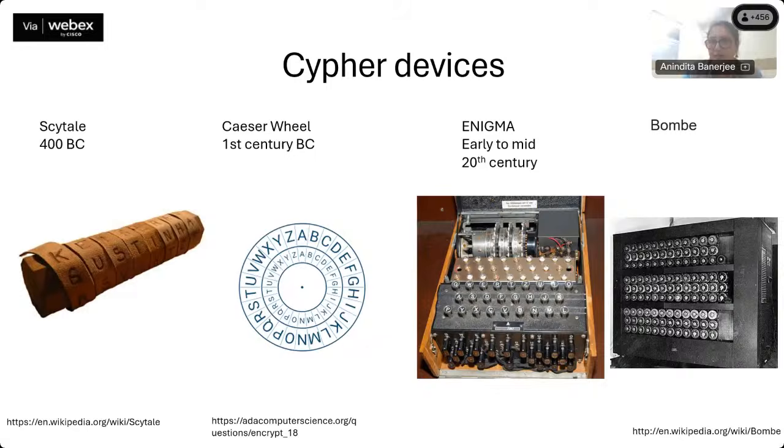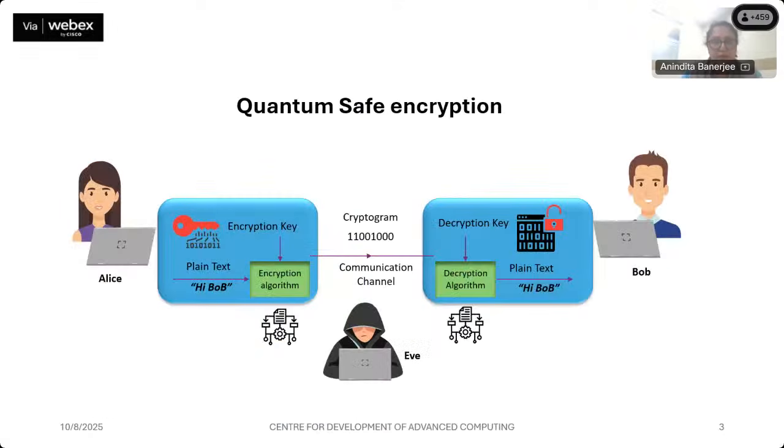It is interesting to know that if you are doing quantum security, then it is information theoretic secure, which means that even if you have a lot of resources, memory, time, still you will not be able to break the code.